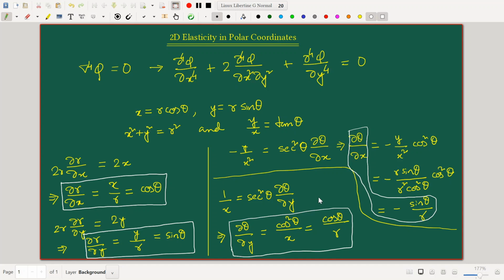All right, now why did we do all this? Why did we find all these expressions? The reason is simple: given any function f of r and theta, can we find out the derivatives with respect to x and y? And let's see how we can do that using the chain rule in the next page.